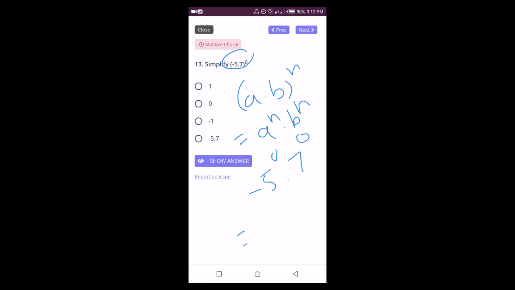Now listen one thing. The exponent, which is 0, and the constant, which is plus, that you know very well, it is always equal to 1. But this kind of expression doesn't have any kind of existence in exponent rules.